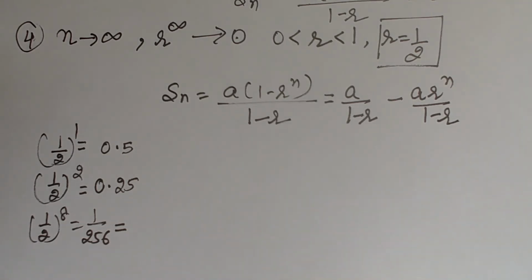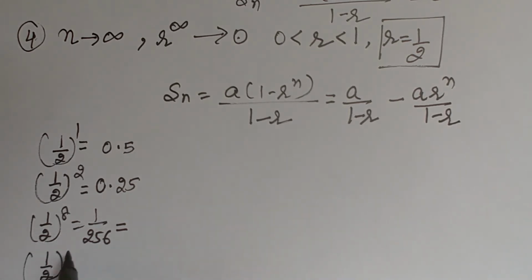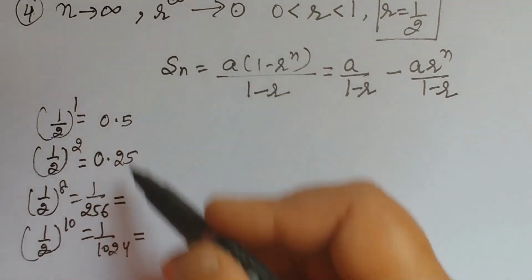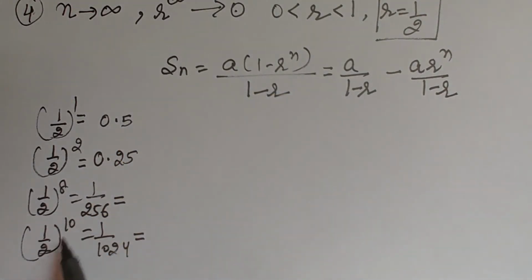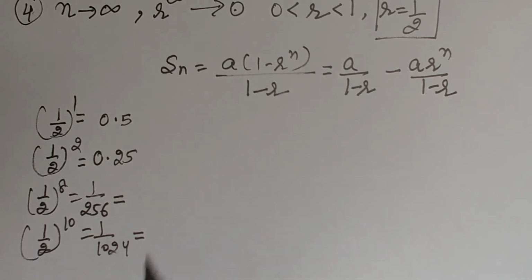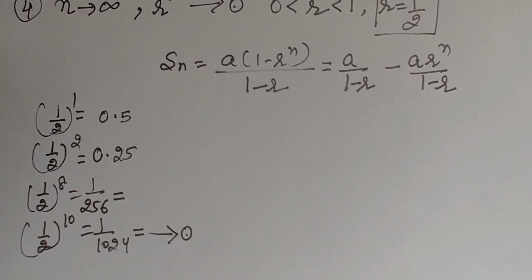This is becoming smaller as I am raising the power of this half. 1 by 2 raised to power 10 will be even smaller than it. So as I am increasing the powers of half, say I am raising them to infinity, the number is becoming smaller, as r is a fraction lying between 0 and 1, and that's why we can say that the result is approaching 0.